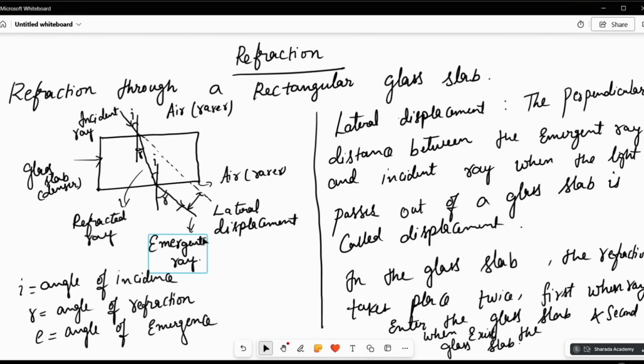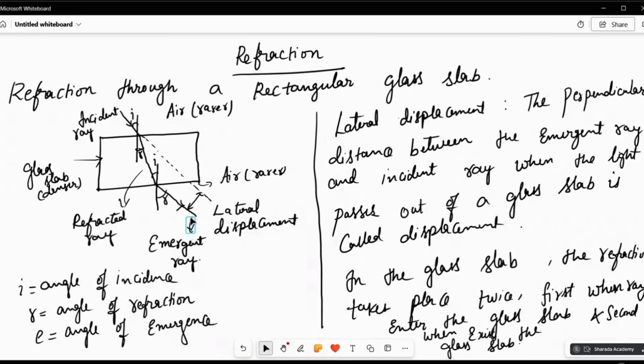First time it bends towards the normal, second time it bends away from the normal. The amount of bending depends on the two media, so it will be the same both times, because both times it is between the same two media.